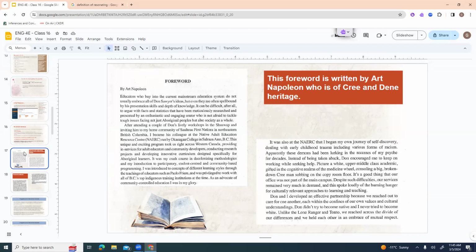society as a whole. After attending a couple of lively workshops in the Shuswap and inviting him to my home community of Saulteaux First Nations in northeastern British Columbia, I became his colleague at the Native Adult Education Resource Center run by the Okanagan College in Salmon Arm, BC.